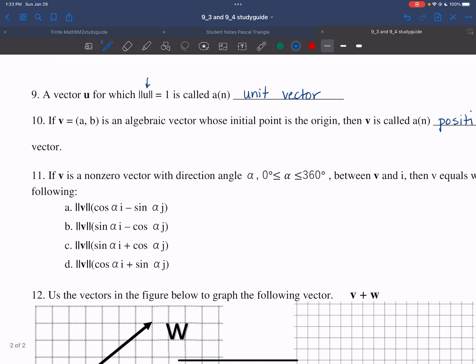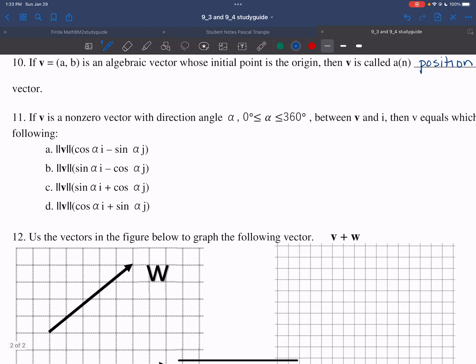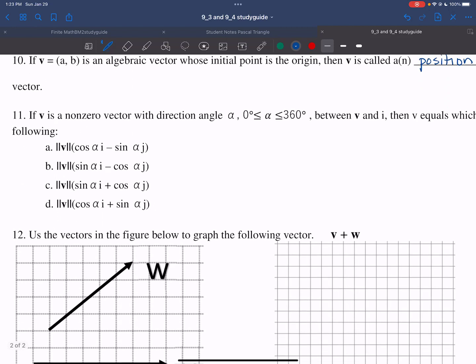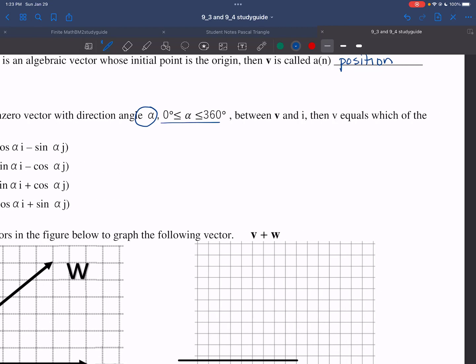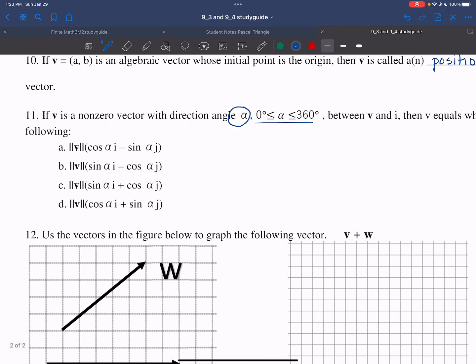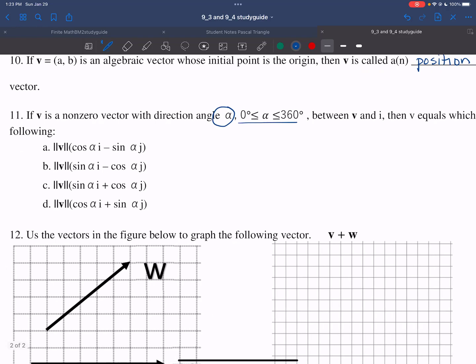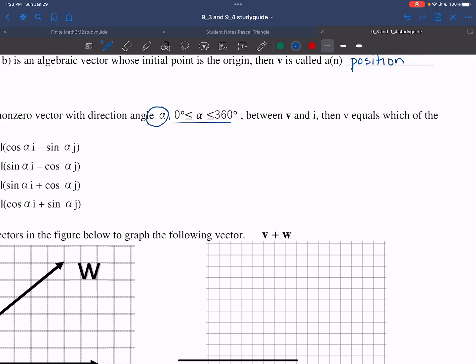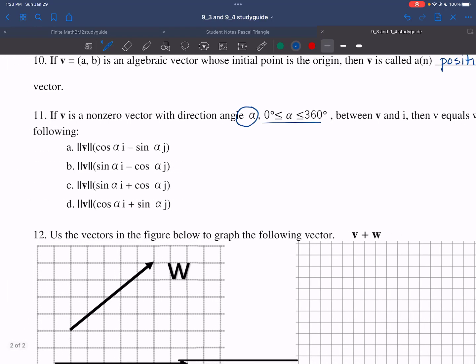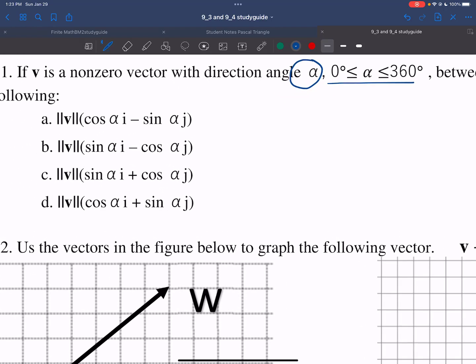If v is a non-zero vector with direction angle alpha, and that's between 0 and 360 degrees, between v and i, then v is equal to which of the following?